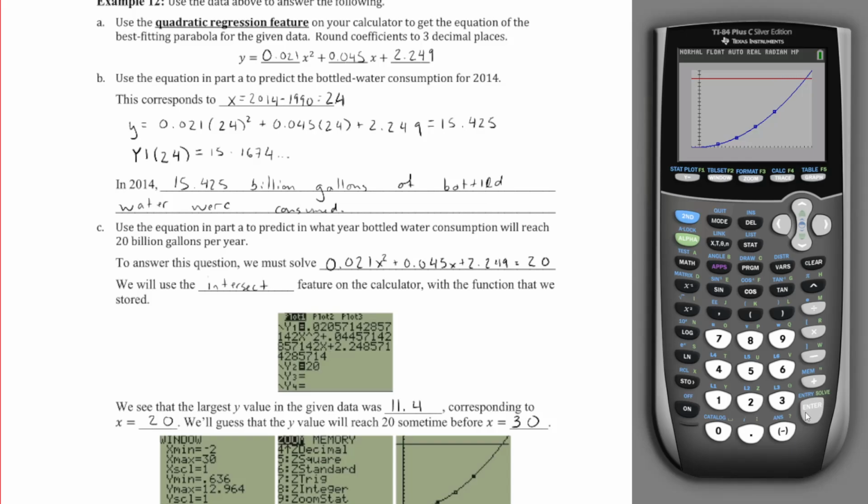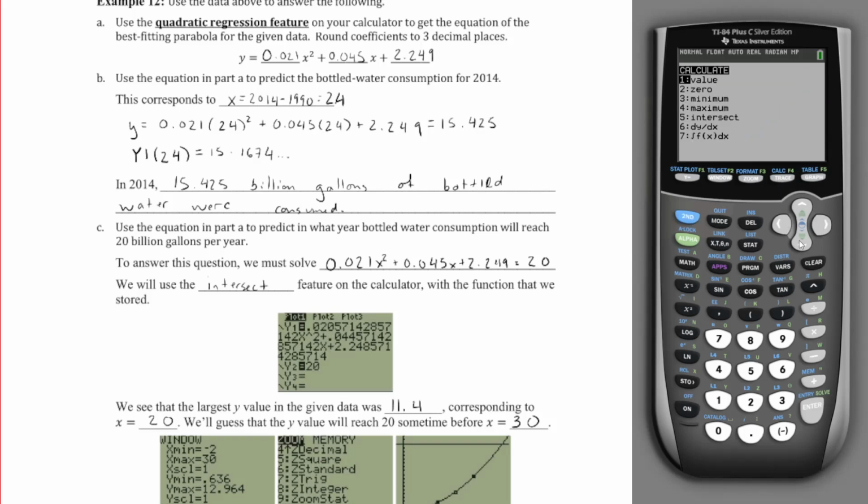Now, I only see those intersecting once, but it looks like my other point of intersection is going to be at some negative x value. And I don't care about negative x values for this application. Right? I don't think that this trend is going to continue going backward in time before 1990. So I'm really only interested in this positive point of intersection. So I'm only going to find this one.